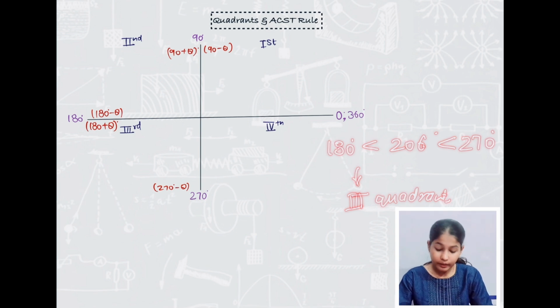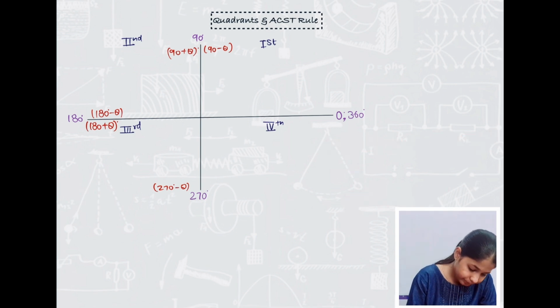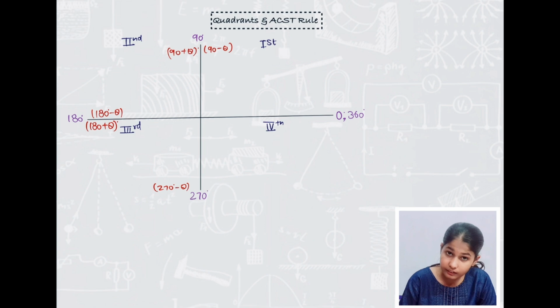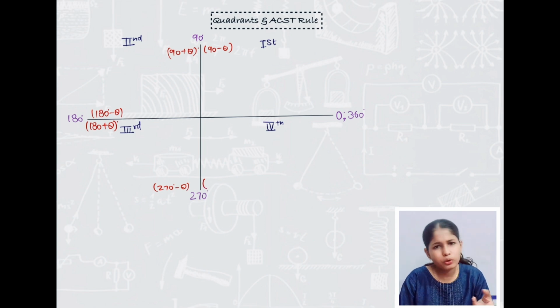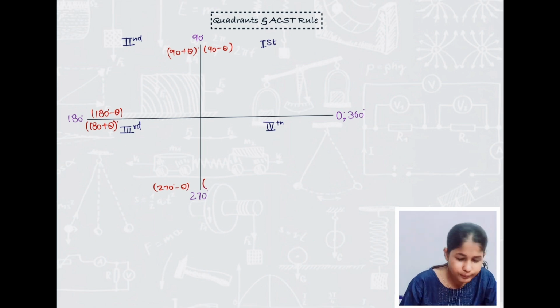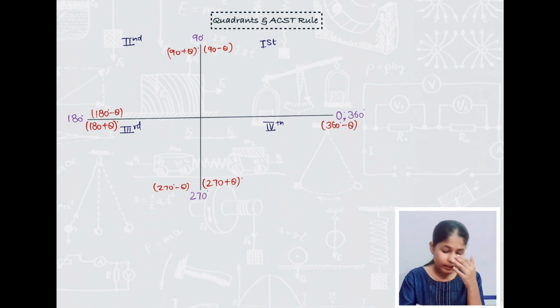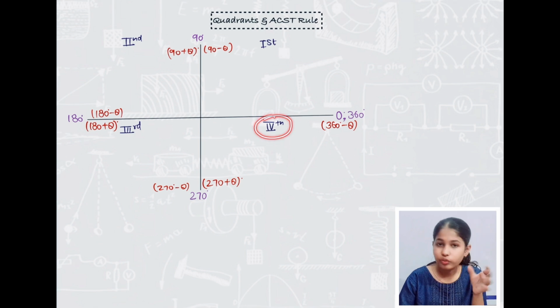Now in the fourth quadrant, I hope you have understood the pattern and you can write it also. If the angle is greater than 270 degree and less than 360 degree, then that angle will lie in our fourth quadrant.